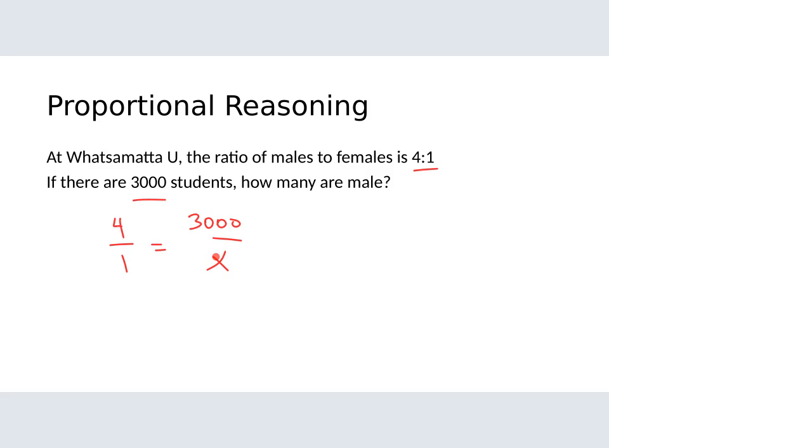What they gave me at the beginning was the ratio of males to females. This 3,000 number here, that's the total number of students. So I've got this ratio of 4-to-1 that's about the males to females.